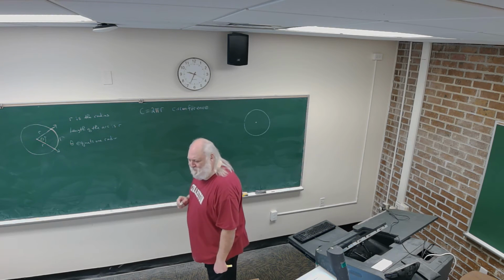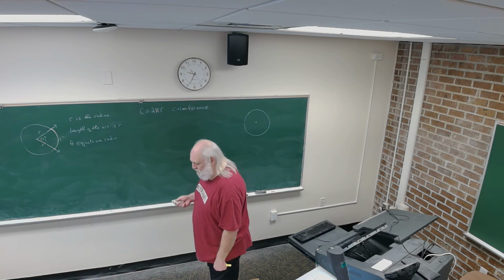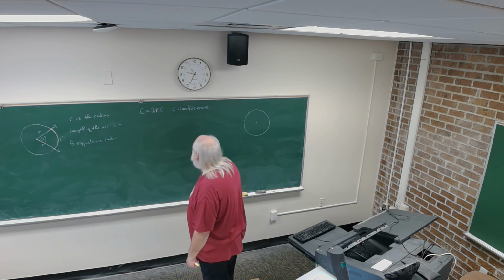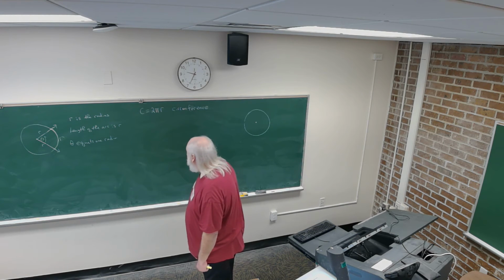Something like that, right? It's one of those words. I was not a spelling major. I was a math major. But you would think a math major would know how to spell circumference.